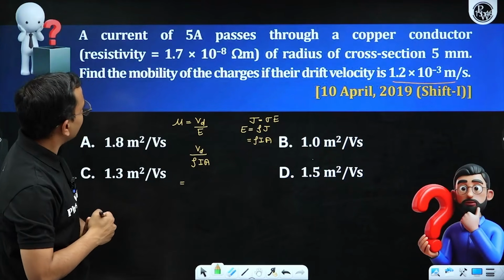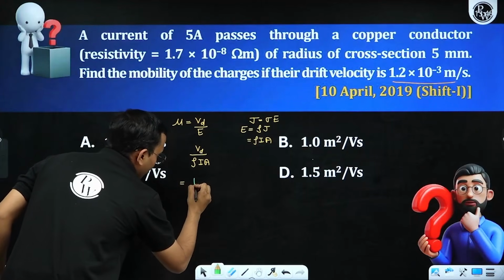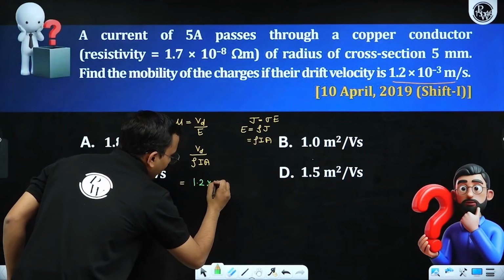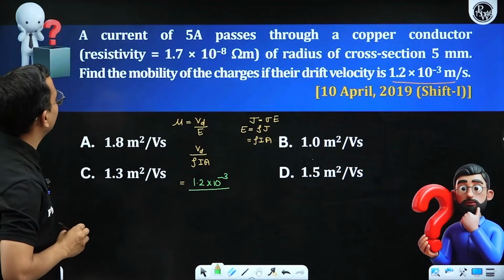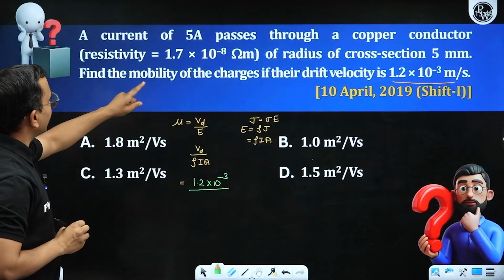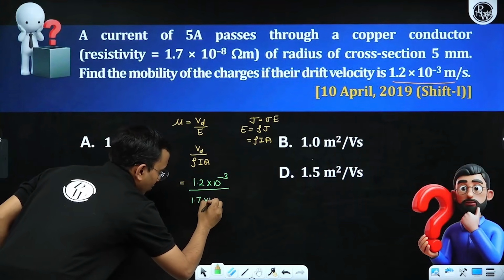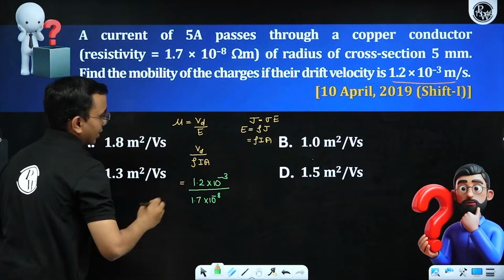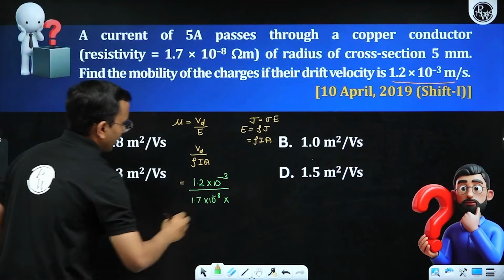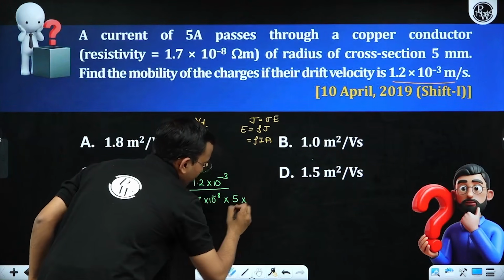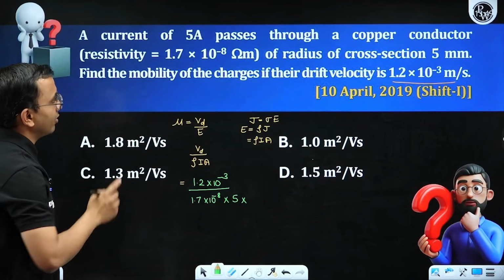So what is V drift? V drift is 1.2 into 10 to the power minus 3, divided by rho, which is 1.7 into 10 to the power minus 8, into I, what is I? 5, into area of cross section. Area of cross section is pi r square and r is given as 5 mm.